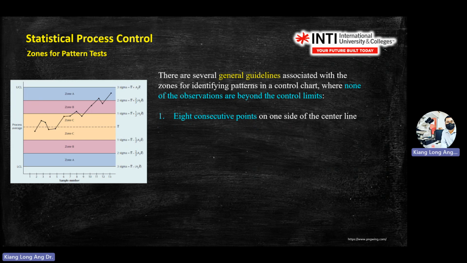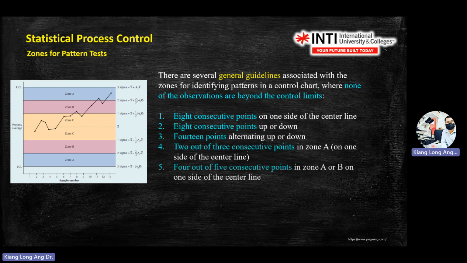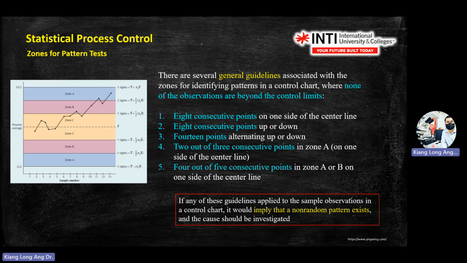So what do you observe here? There are a few observations. In general, if you want to do pattern tests, there are some guidelines. When you use these guidelines, none of the observations go beyond the control limits. So the first rule: 8 consecutive points are on one side of the center line.